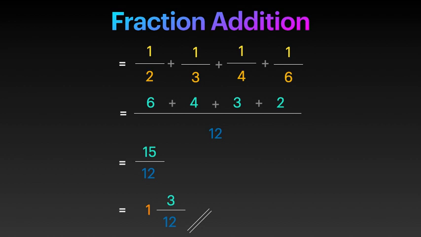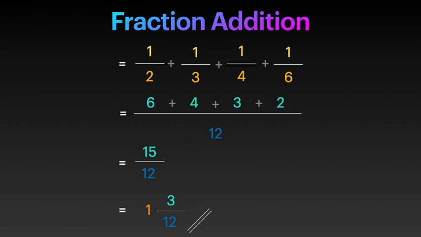Well, the question is how we are going to do that? Let's take the first fraction, half. We need to turn this into something out of 12. Look at the first fraction, whose denominator is 2. It has become 12.